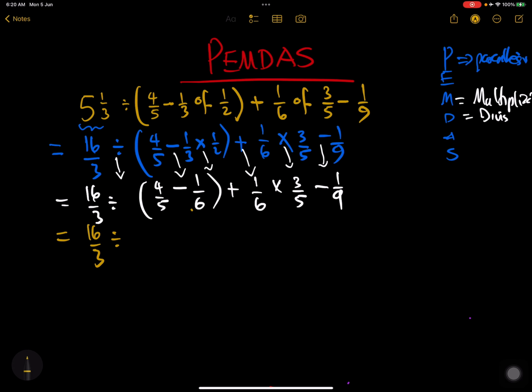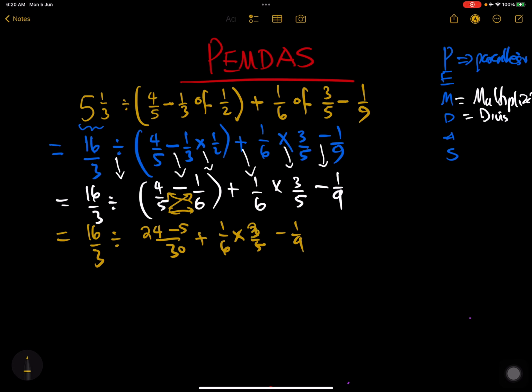So that's going to be 24 minus 5 over 30. How do we do that? We multiply this by that minus this times that, all over 5 times 6. Right? And then we are done with what is in the parentheses. Yes, there you have it.